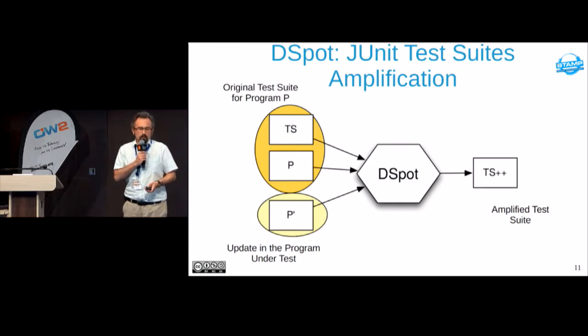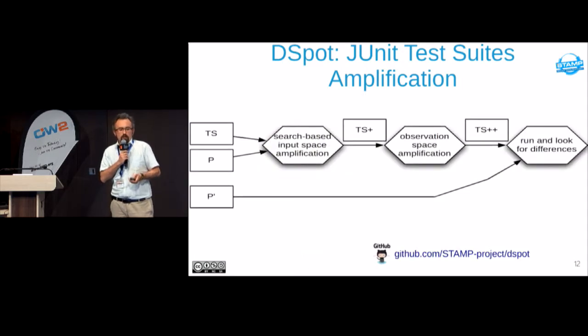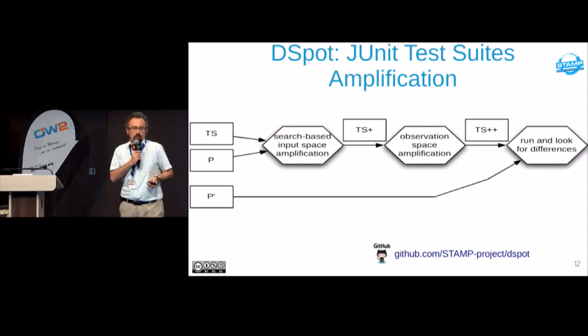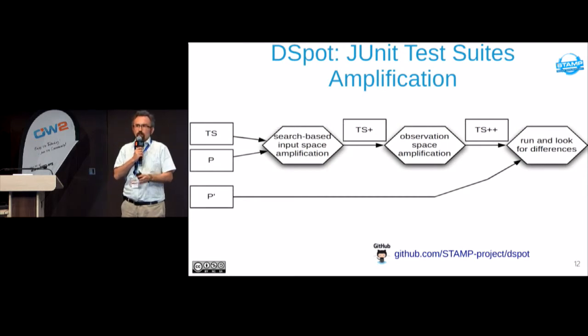Here are the parts concerned by these pods. You've got the test suite, the production version and the developer version, and the output of this pod is the amplified test suite. The test suite and the program are the inputs of this pod, to search into the input space. Input space is the parameters of the methods which are tested.